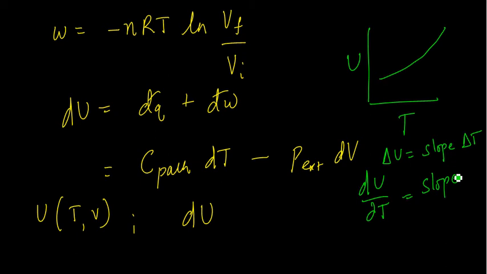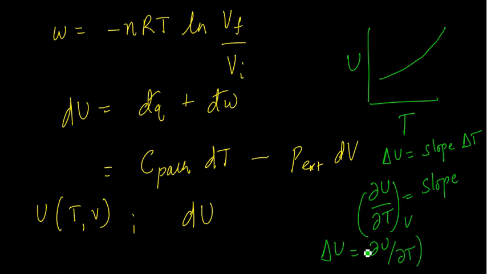Or if I really want to be precise, then I would write del U by del T at constant V is my slope. So all I need to do is replace that over there. Delta U is equal to, sorry, no more slope, but del U by del T at constant V times delta T, right?